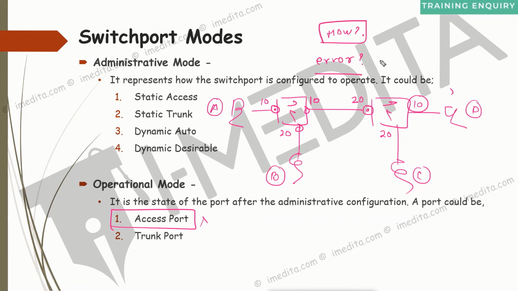Can it happen? Is this topology okay or not? What traffic will go in this case? What traffic will be passed in this case? Considering that everyone is in the same broadcast domain.